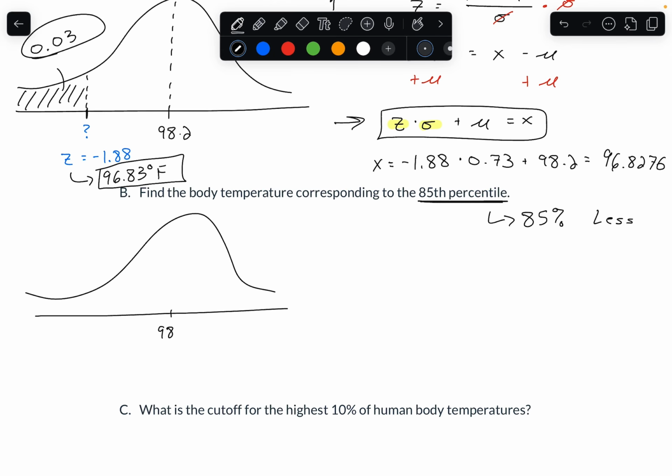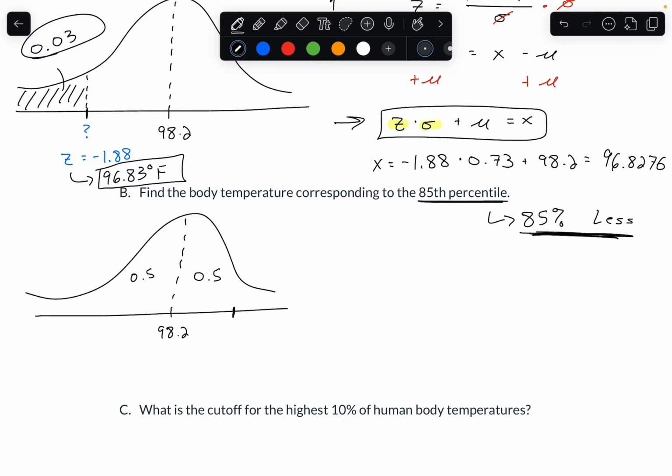My mean is 98.2. And again, if you want to think about where this point lives, 0.5 lives on the right, 0.5 lives on the left. I want the area to the left to be 85%, or 0.85. Well, that's bigger than 0.5, which means this time around it's going to live somewhere over here on the right.